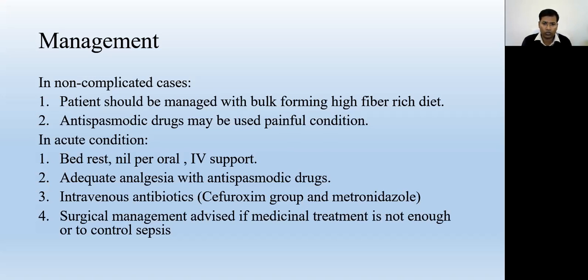It is not loose, so it does not go into the diverticula and stasis and infection are not there. If the bulk is there, it passes through the lumen of the bowel easily, and the patient may be asymptomatic. If a patient has the complaint of spasmodic pain, in that condition antispasmodic drugs should be advised.